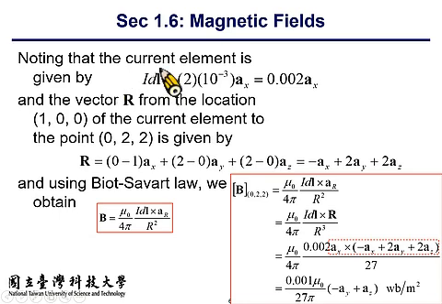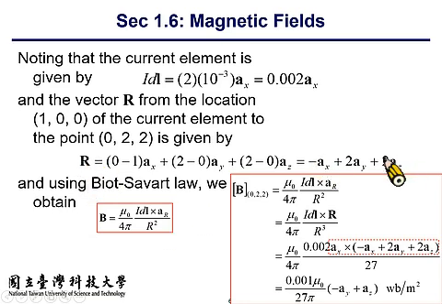First write up the IDL, which is 2 amp times 10 to the minus 3, the length of the current. And here AX specifies the direction of the current. Next, we write up the vector between the source and the observation point, from 100 to 022, which becomes minus AX plus 2AY plus 2AZ. So that's the R vector.